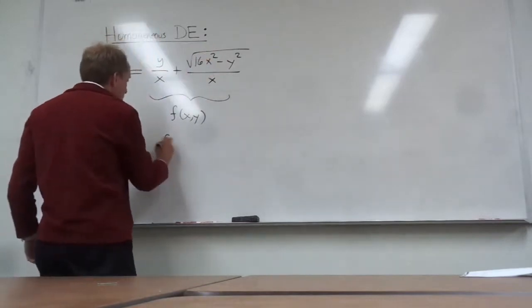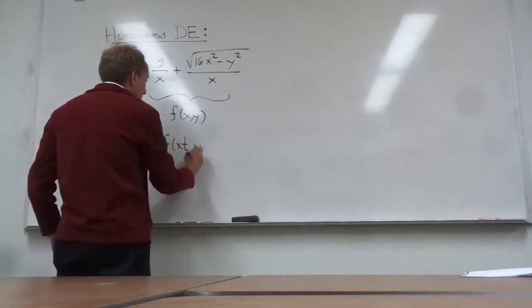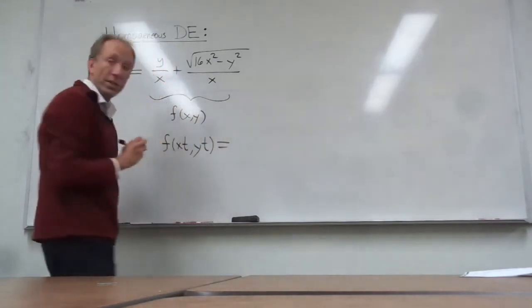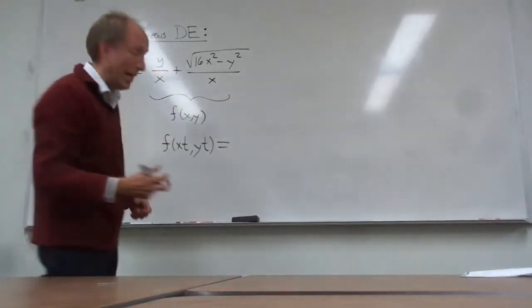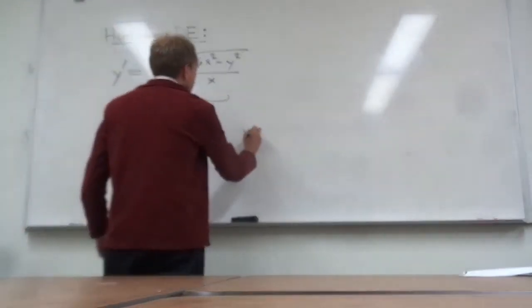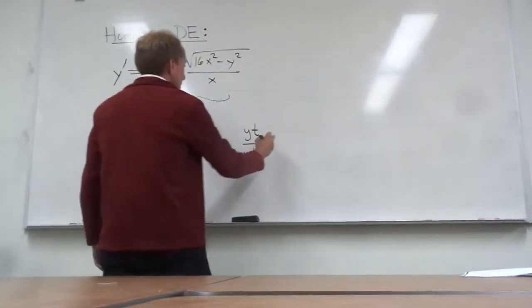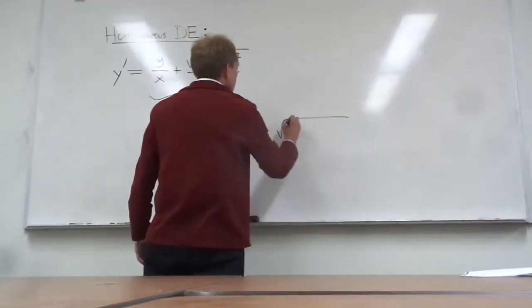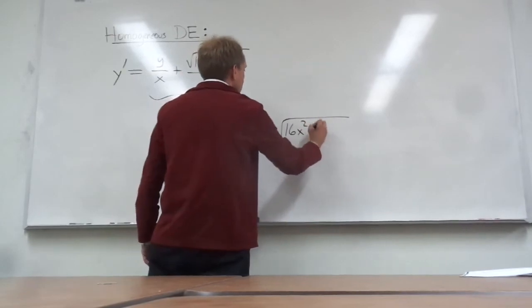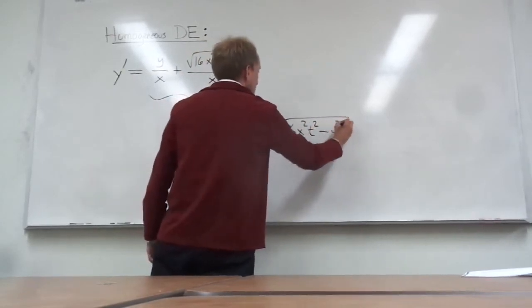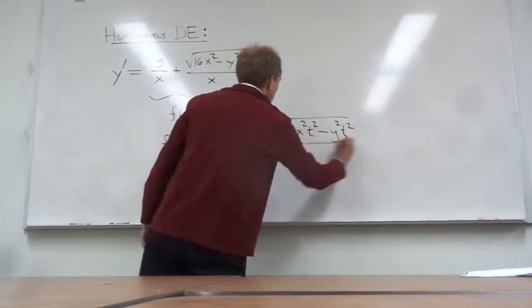Now, if I attach a t next to every single x and every single y, let's look at what we get. We're going to have yt over xt plus the square root of 16x squared t squared minus y squared t squared all over xt.